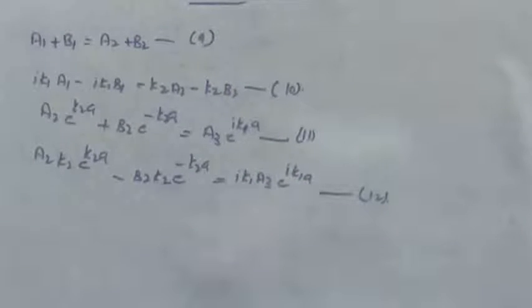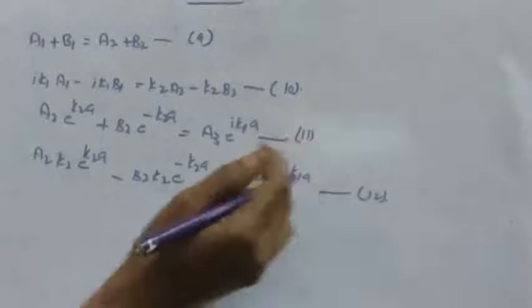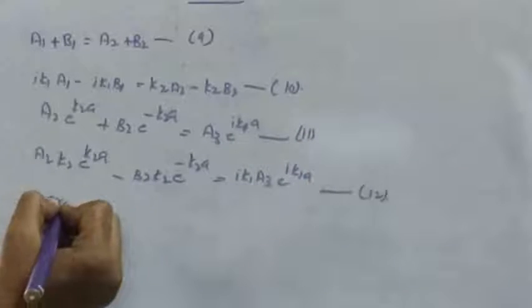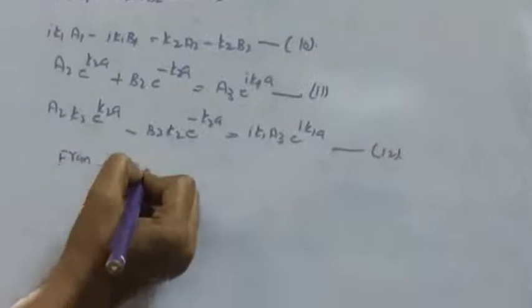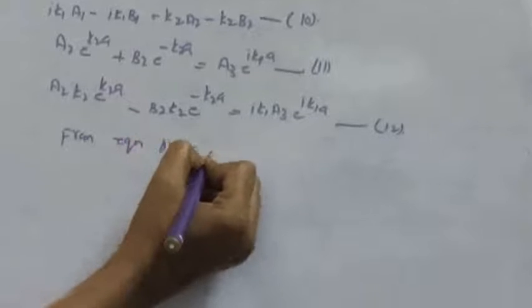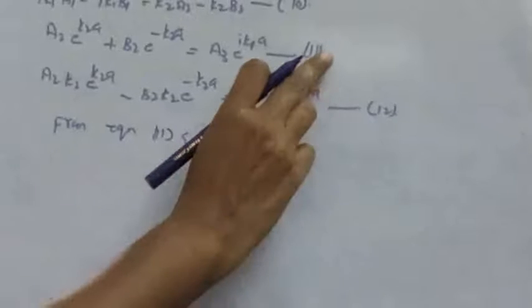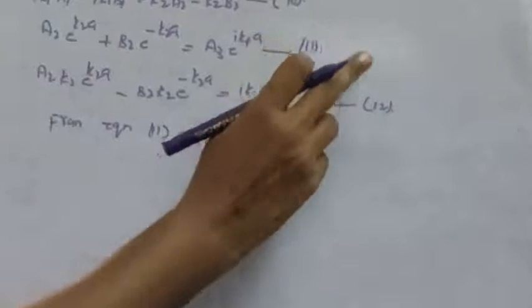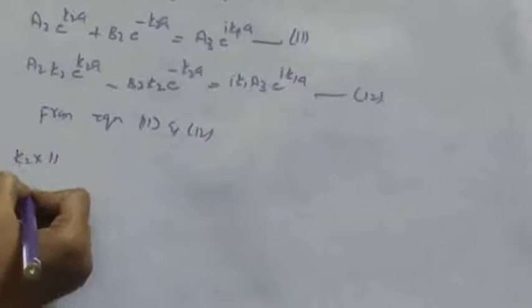Now from equation 11 and 12, that means we are subtracting equation 11 and 12. For equation 11, you multiply with k2. So k2 into 11 I have considered.